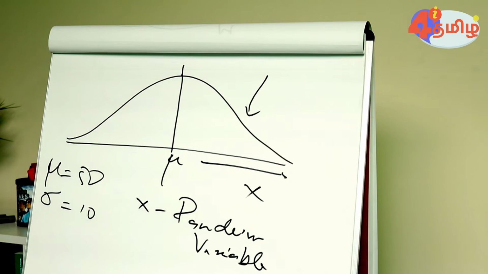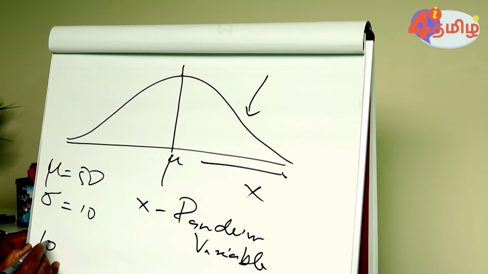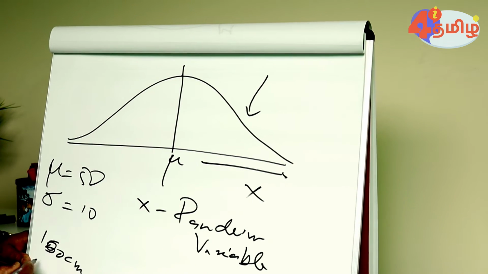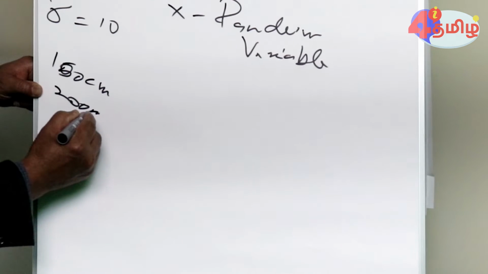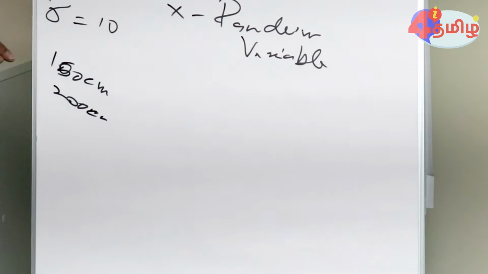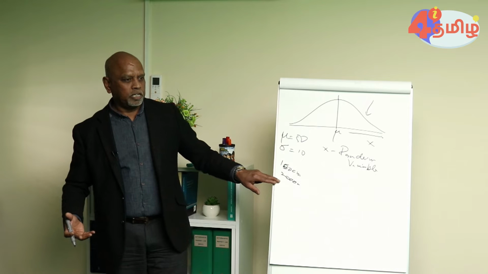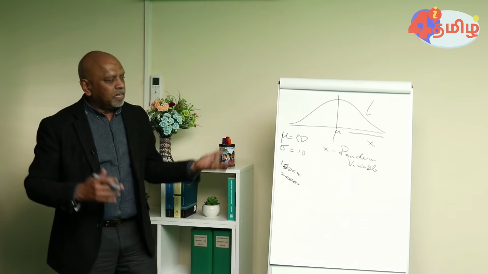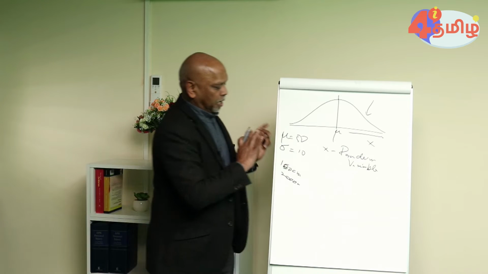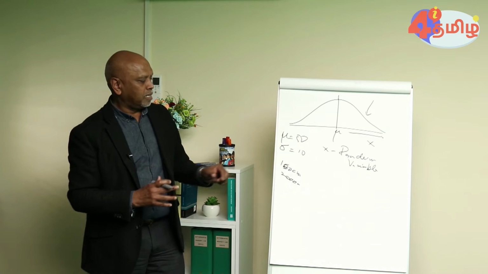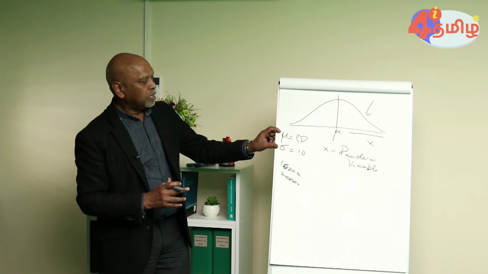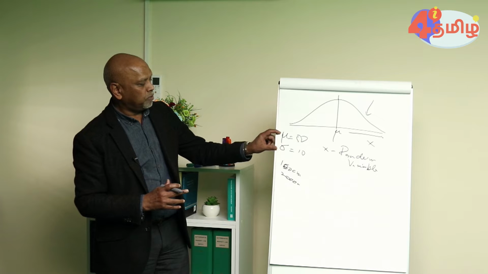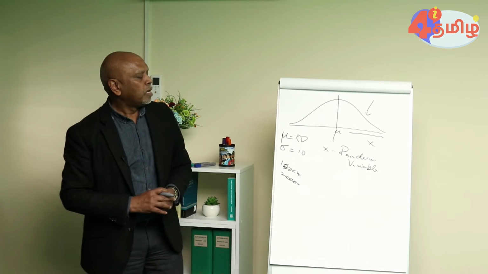Say we just say that it starts from 150 centimeters to 200 centimeters. So the minimum was 150, we just checked it out, and then 200 centimeters. So you do a survey, and then you come across a mean of, say, 175 or so. But I'm not going through a particular survey. I'm just saying that for this normal distribution, mu is 50, sigma is 10.